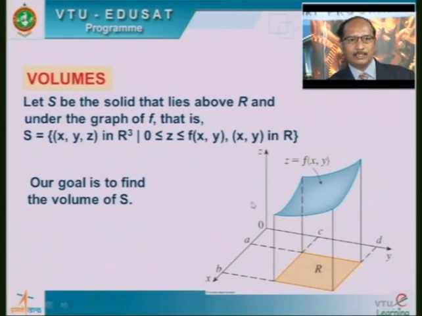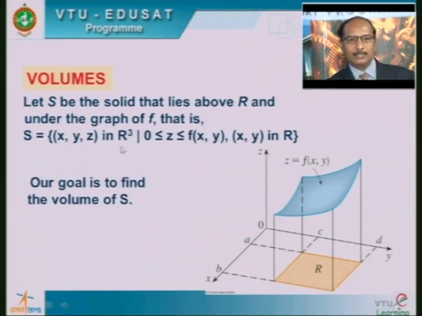Now where is S here? S is the solid which lies above the rectangular region R, under the graph. This full gap is the solid under the graph of f, defined as a three-dimensional point in R3, with x coordinate, y coordinate and z coordinate.